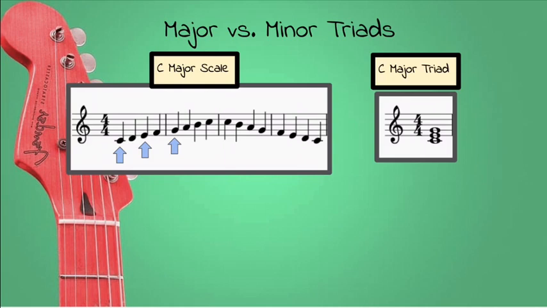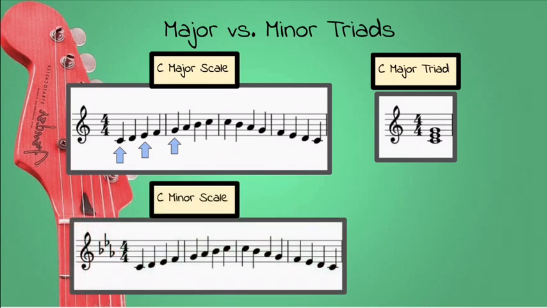Now here's the C minor scale. It takes on the same key signature as E flat major, since E flat is a minor third higher than C. Like the C major triad, the C minor triad is the first, the third, and the fifth scale degree.